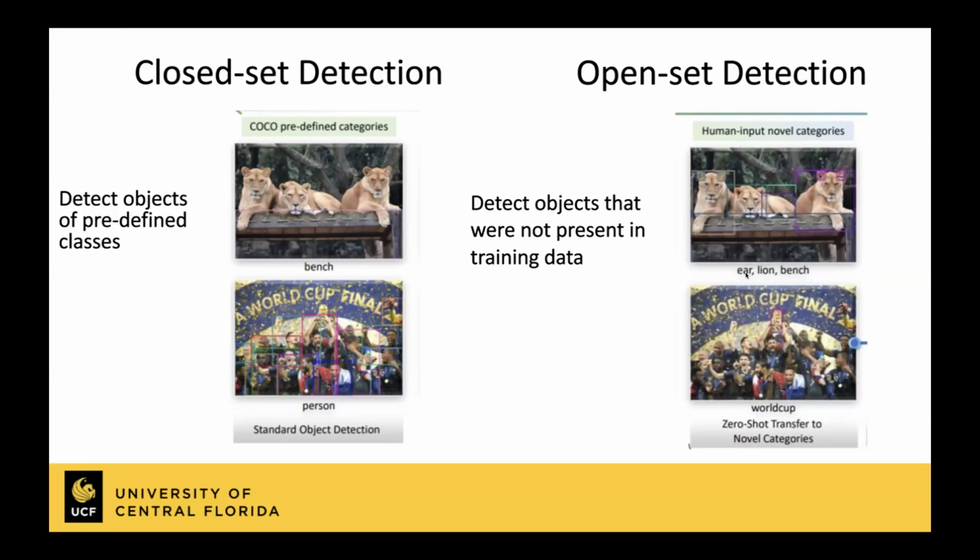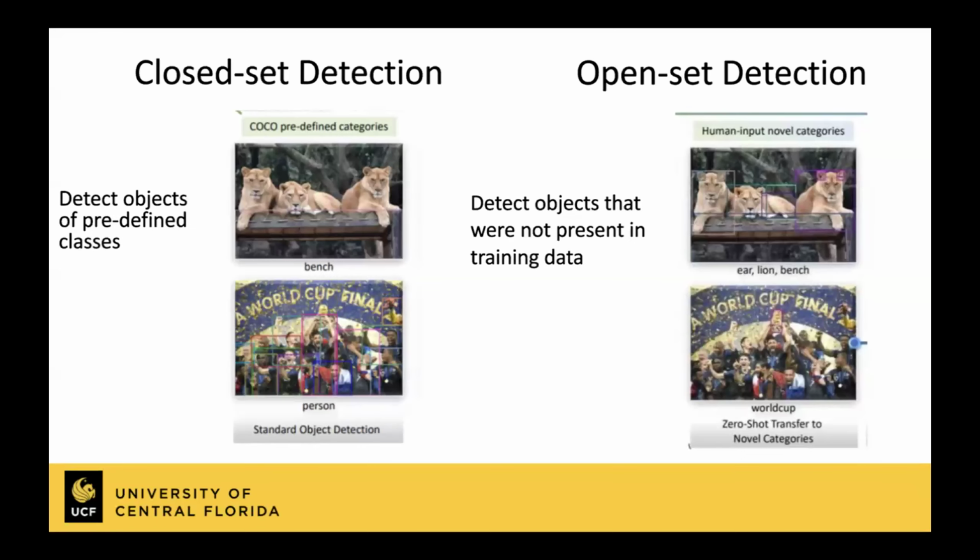So now we have the categories ear, lion, and bench, and we can see a bounding box around those areas: the ears, the lions, of course, and the bench again. In the example below, now we have the category World Cup, and we can see a bounding box around the World Cup area. So this can be seen as a zero-shot transfer to novel categories.